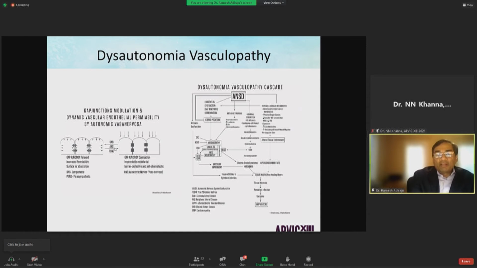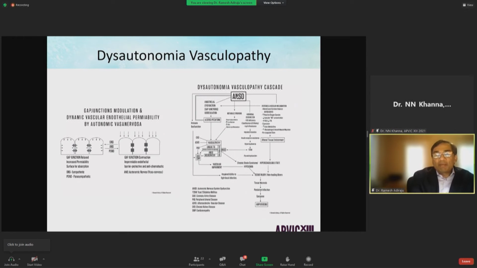I believe this is a function of the autonomic system to maintain integrity of the endothelium, because these gap junctions are smooth muscles that are regulated by controlled input of the SNS and PSNS.